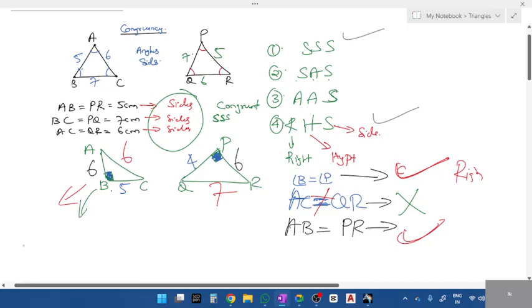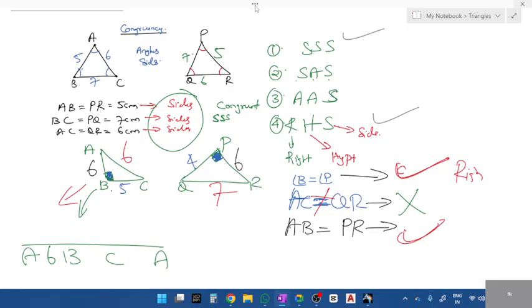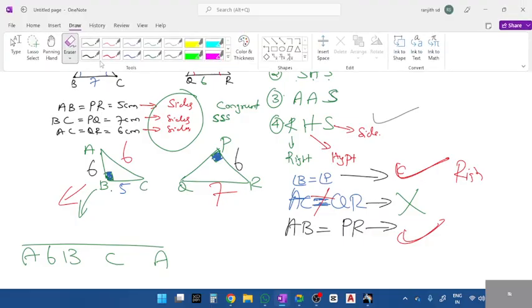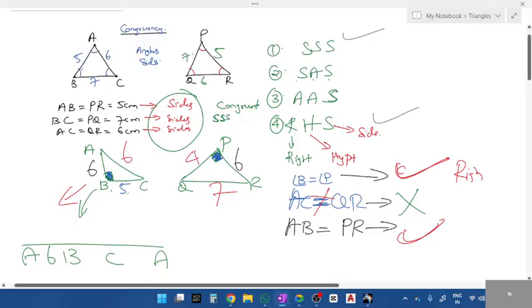How do I prove it? If I open this triangle A to B, B to C, C to A, what is the measurement given, students? A to B is 6 centimeters. Next, B to C, what do we have? 5. And C to A, 6.